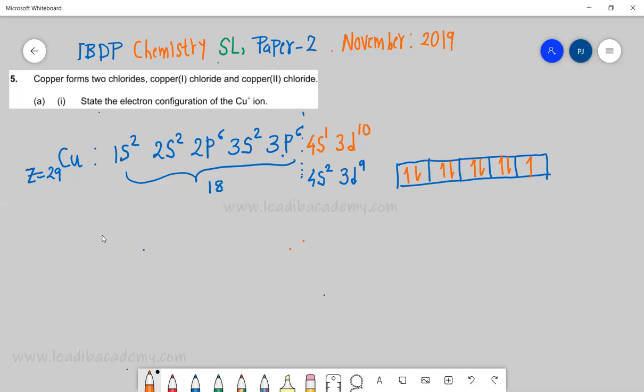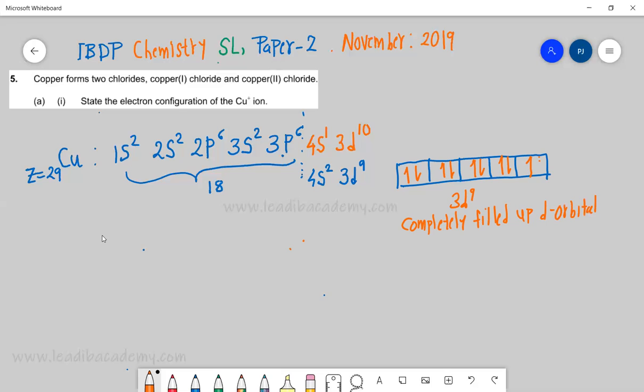This is how it will look for 3d9. Now you can easily see that only 1 electron is missing to complete the symmetry, what we call a completely filled d orbital.